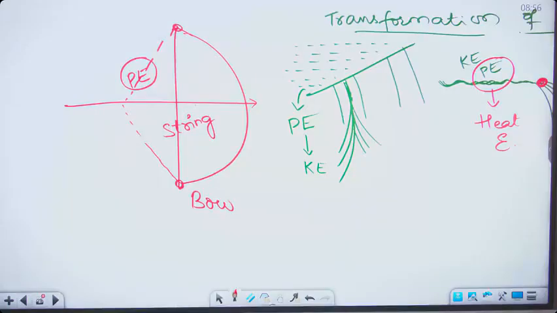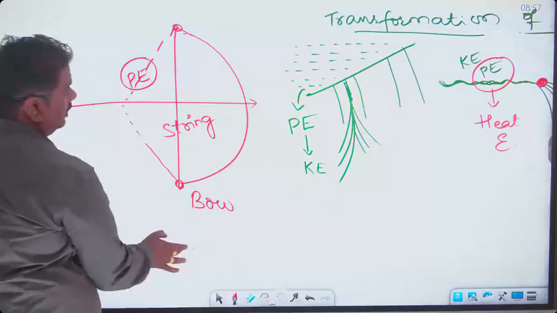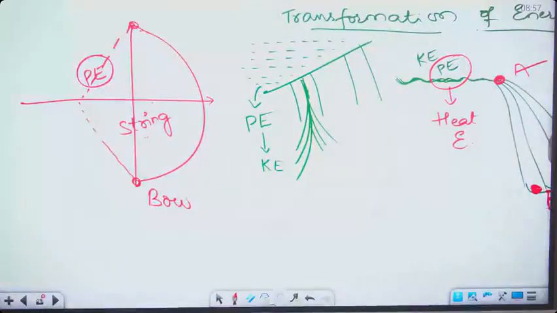The energy stored in the string of a bow is always potential, which gets converted to kinetic energy of the arrow.